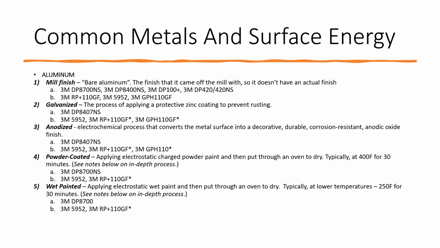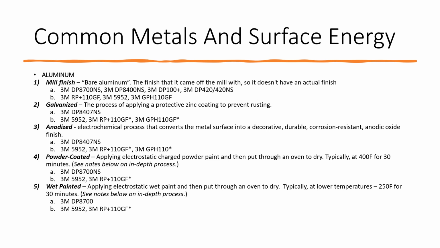Powder coat is basically a powder paint that goes into an oven to dry, typically at about 400 degrees for 20 to 30 minutes. There are some adhesives that can be bonded before the powder coat cycle if they want to assemble and then put through the powder coat cycle, so they can withstand 400 to 450 degrees for up to 1 hour. Wet paint, different types of wet paint systems as well.